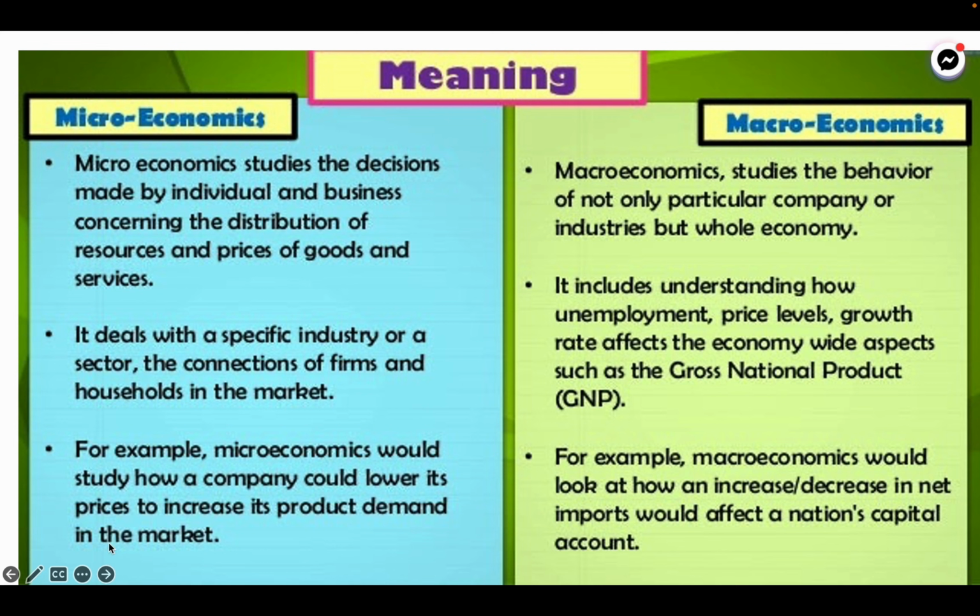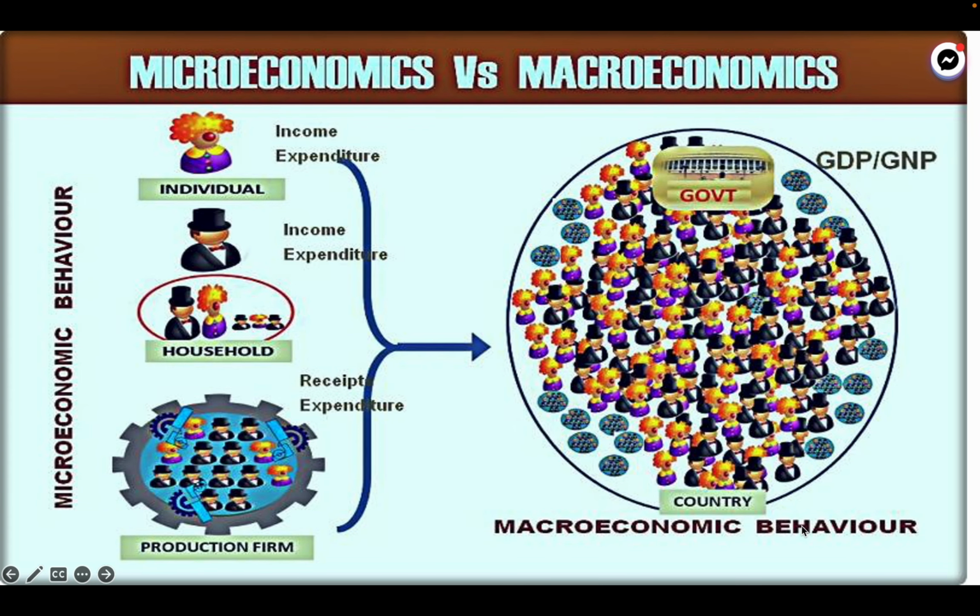So in microeconomics, for example, microeconomics would study how a company could lower its price to increase its product demand in the market. But in macroeconomics, we look at how a decrease in net import would affect a nation's capital. So here I'm giving you the graph for microeconomics and macroeconomics.